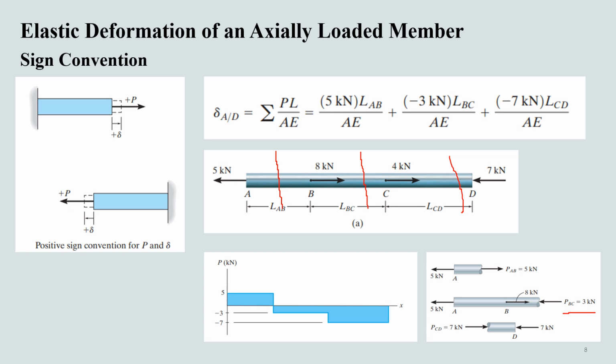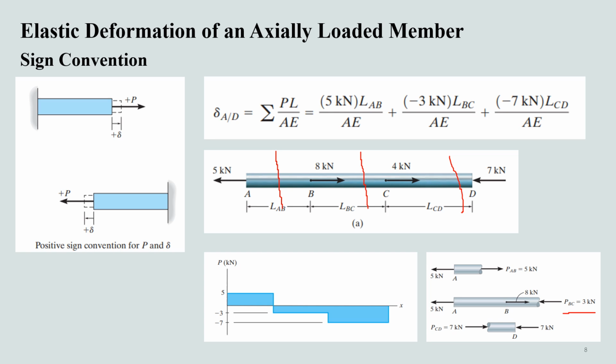And then taking the section at the third location, we are basically using the opposite direction, going from right to left instead of moving from left to right. Thus, there will be no force in section PCD.